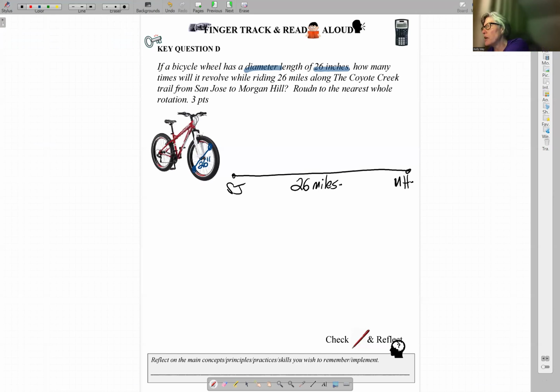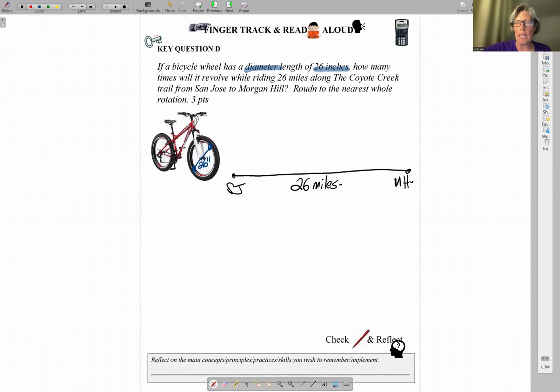This is the really important thing. Think of this as a tire. When it revolves, I'm not rolling on the diameter. When a tire revolves one complete rotation, it moves forward. And a complete rotation is one circumference.